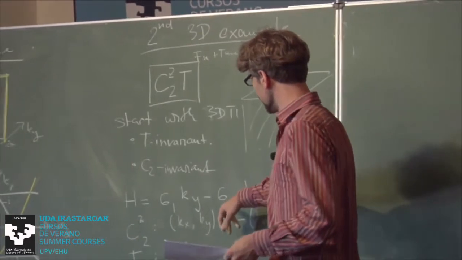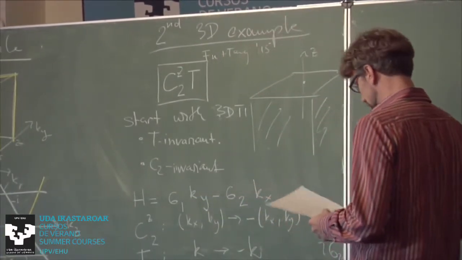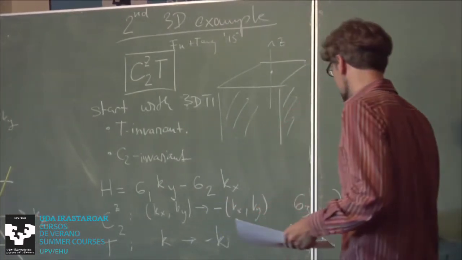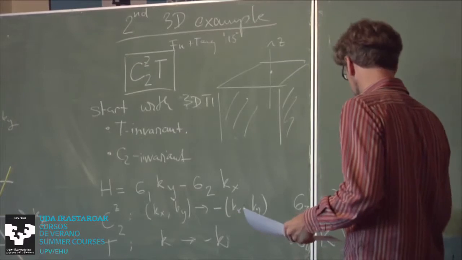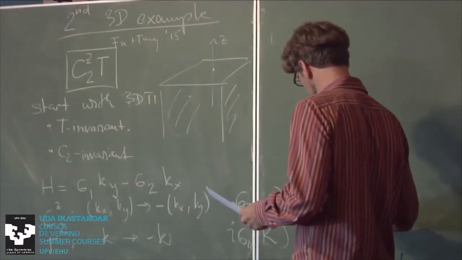So you can verify that this Hamiltonian is invariant under these two symmetries, but now I can do the following. I can take the product, C2 set times T, and that will have the representation beside.